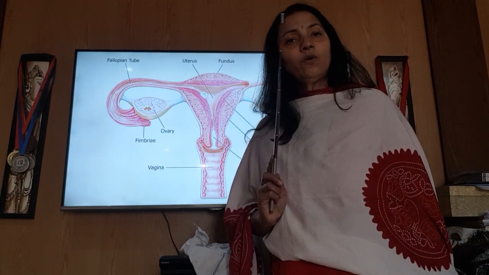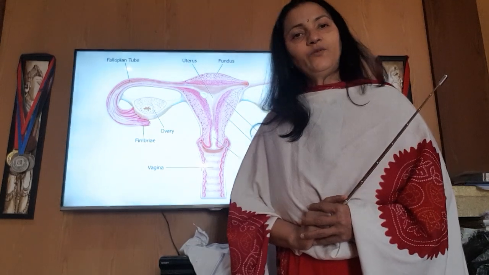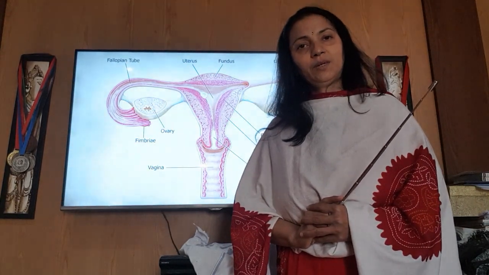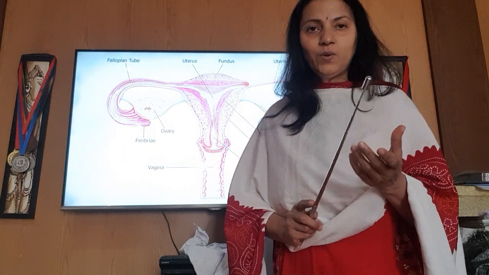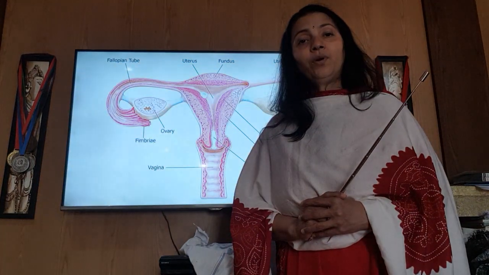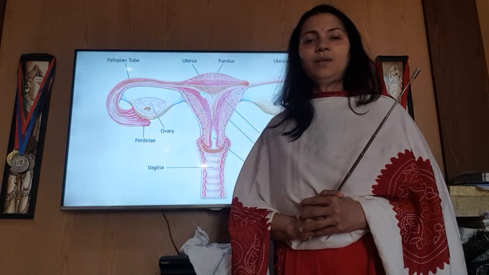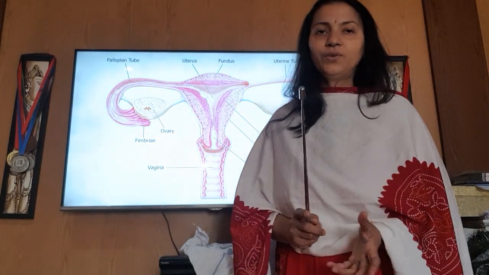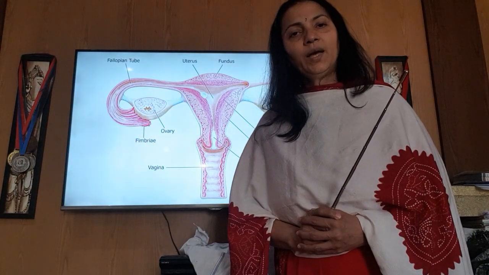All the follicles contain a primary oocyte in different stages of development, and in one cycle, after adolescence and before the menopause, every month one follicle matures and gives out a primary oocyte.